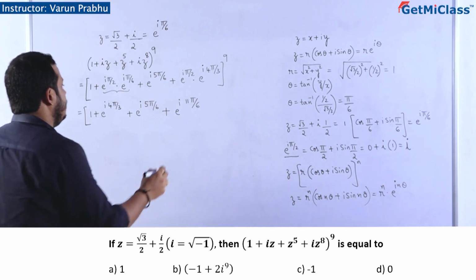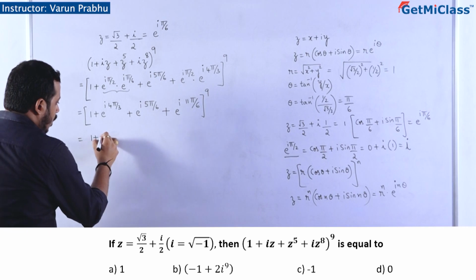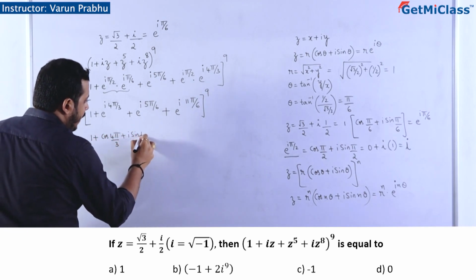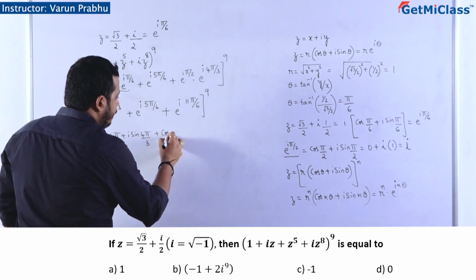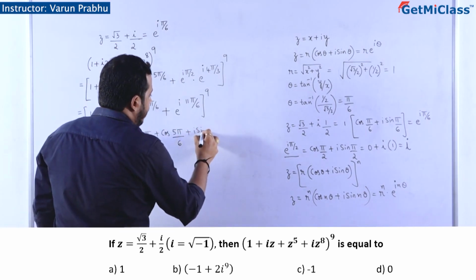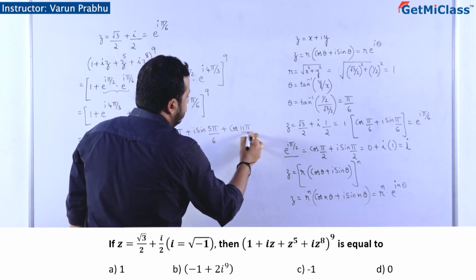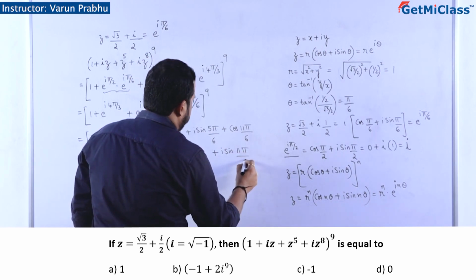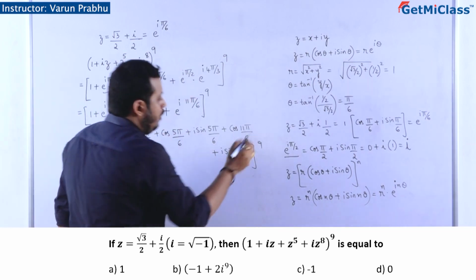Whole to the power of 9, which can be further written as 1 plus cos 4 pi by 3 plus I sin 4 pi divided by 3, students, correct? Plus cos 5 pi by 6, question asked in the JEE exam, okay, this one is plus I sin 5 pi by 6 plus cos 11 pi divided by 6 plus I sin 11 pi divided by 6 whole to the power of 9. Is it okay? Whole to the power of 9.